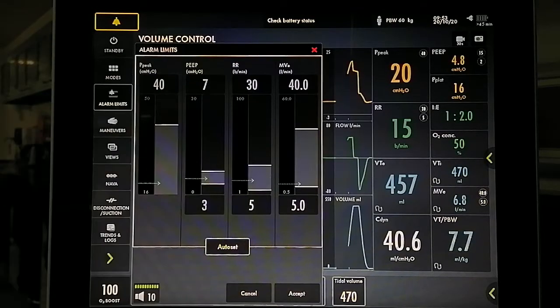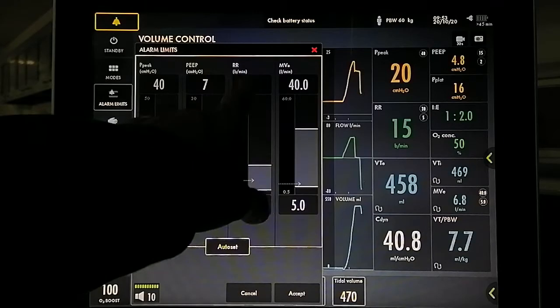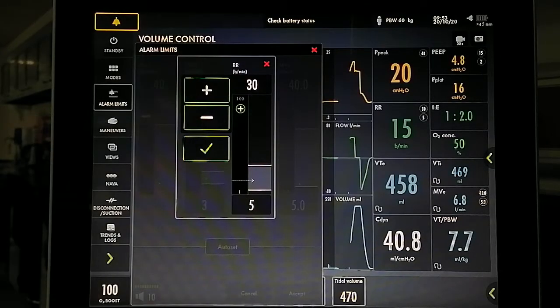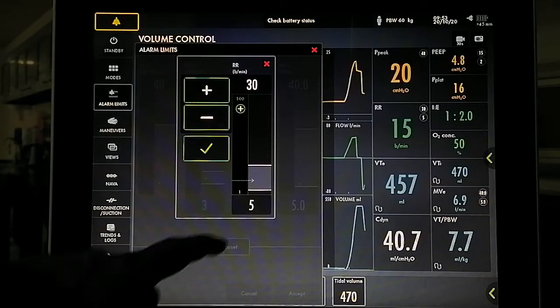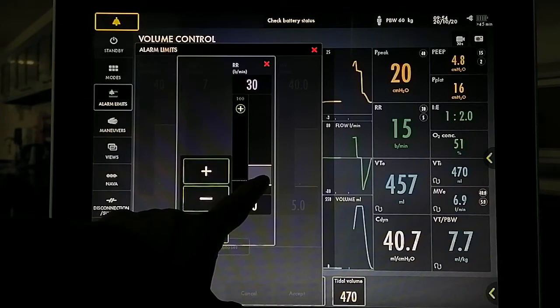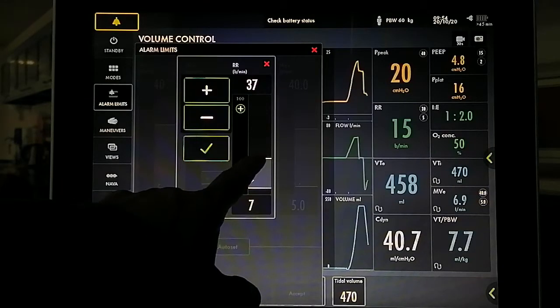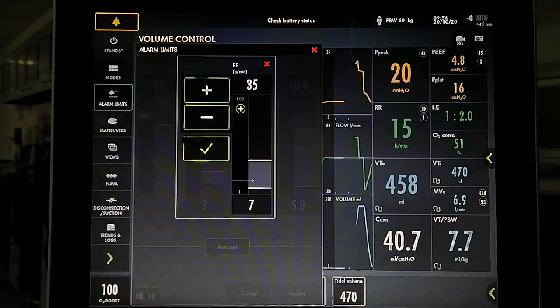Then we have the respiratory rate. Here we have a low RR and a high respiratory rate alarm.